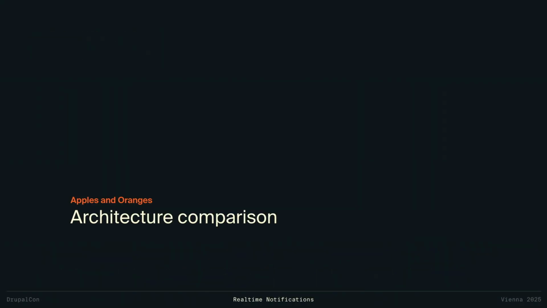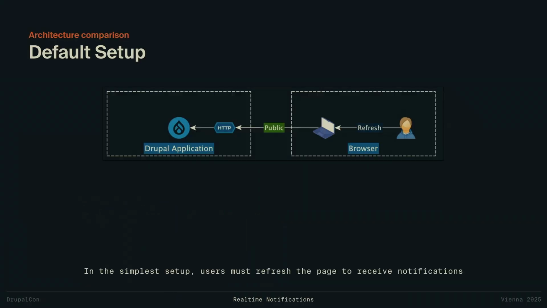So we saw from a time perspective how users experience different scenarios. And this is an architecture of how it looks. The digital ecosystem involved: we have a browser where the user types a URL or clicks on a link, and then through the public network it reaches Drupal through HTTP.